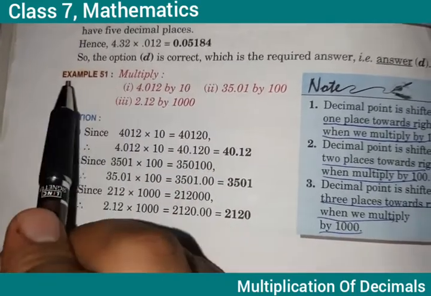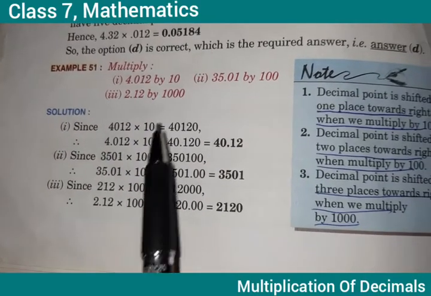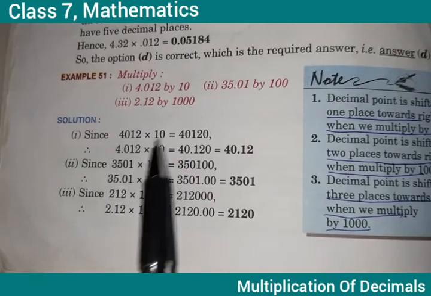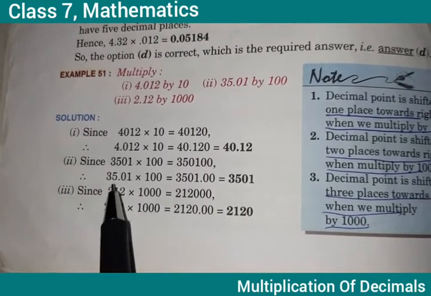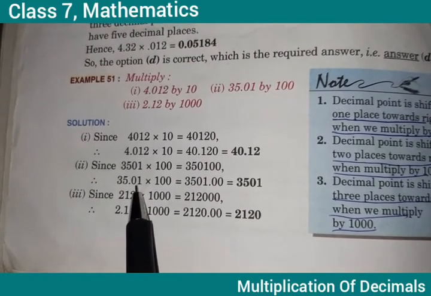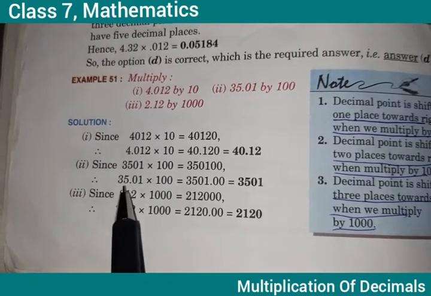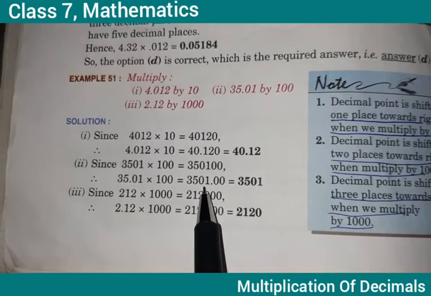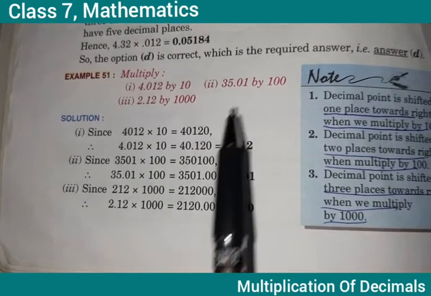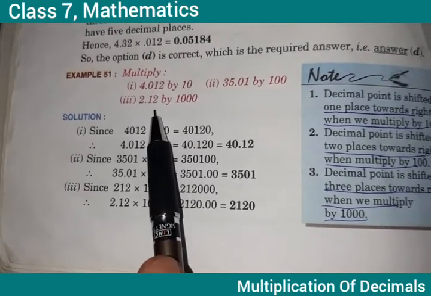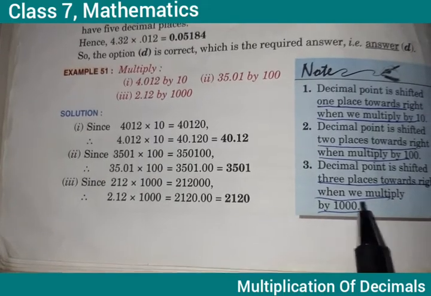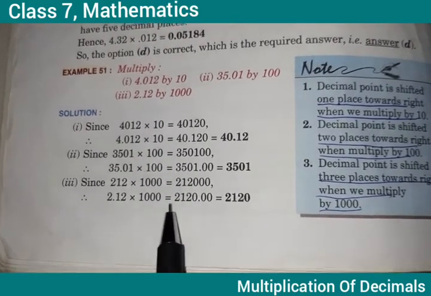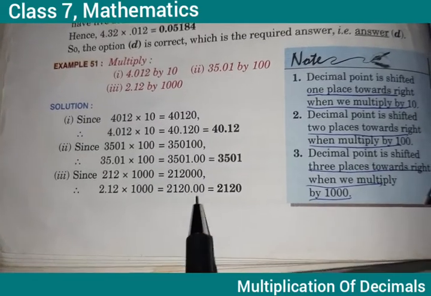This is your right and this is your left. Here it was 35.01 into 100, but when we got the final answer, this decimal point moved here. That means it shifted 2 places towards the right. Similarly, in the third question, the question was 2.12, but in the final answer, this decimal point shifted 3 places towards right. That is 1, 2 and 0.